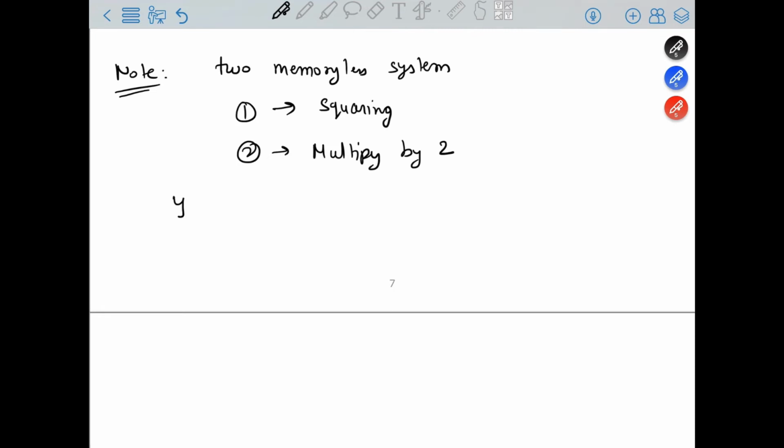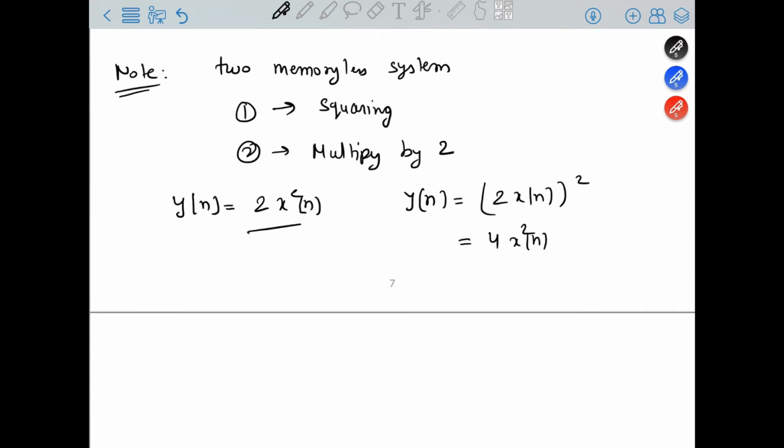What will be the output? The output will be y[n] equals 2 times x squared[n]. And suppose we first multiply by 2 and then square. Then y[n] will be equal to (2x[n]) whole squared, which will be equal to 4 times x squared[n]. As you can see, these two are not equivalent. So these properties are strictly valid for a linear system.